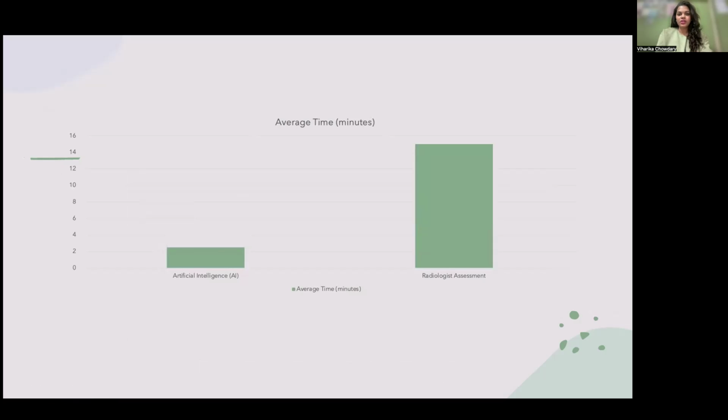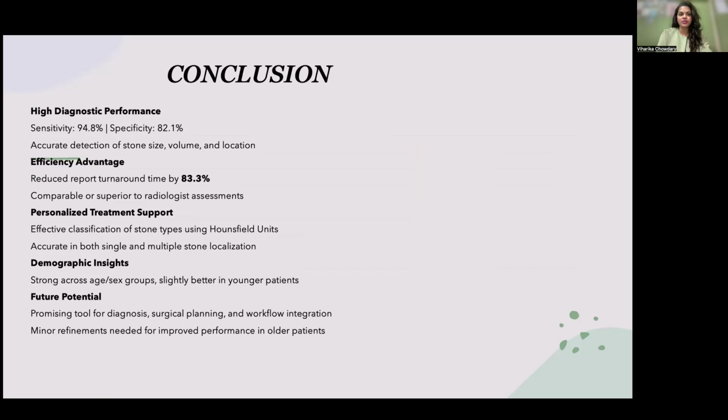The massive thing that it is showing is the average time. AI-based tools will take a maximum of 2 minutes, but radiologists take 15 minutes to assess. That is why we are telling it is very massive in emergency settings where quick decisions have to be made, and this will help us guide and locate where actually the stone is, and it will be very time saving.